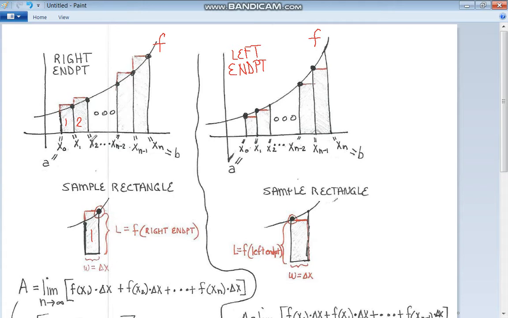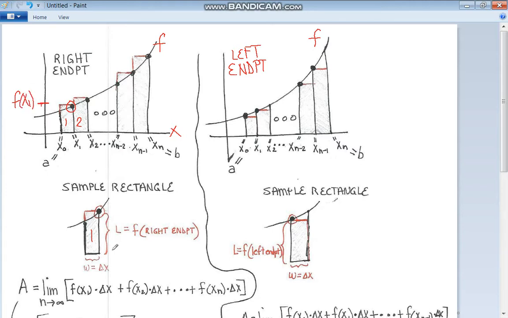But the height is different for each one. And we determine the height for the right endpoint estimation by using the right upper endpoint. So going from the x-axis, this is the x-axis, up to the height of that endpoint, that is this height, this distance, and that is f of x sub 1.